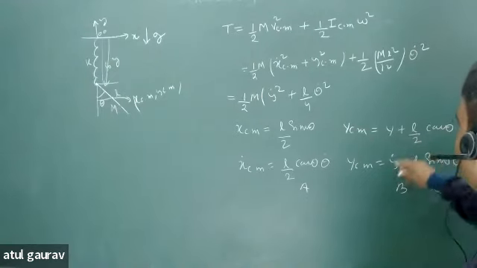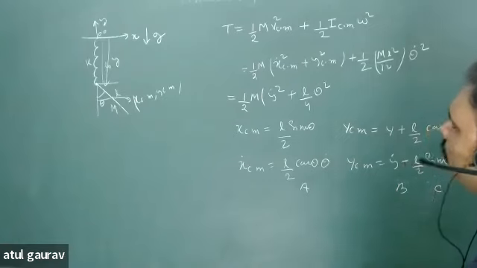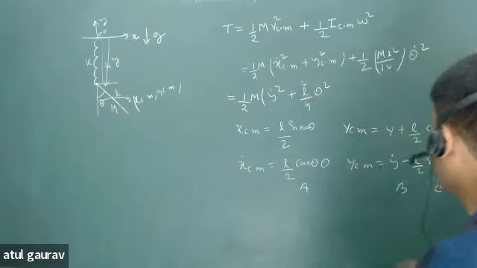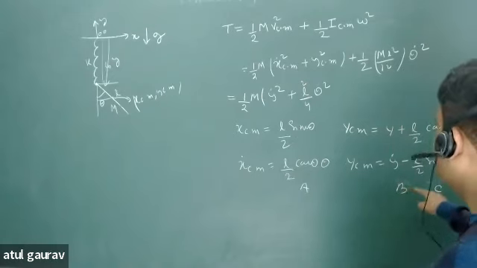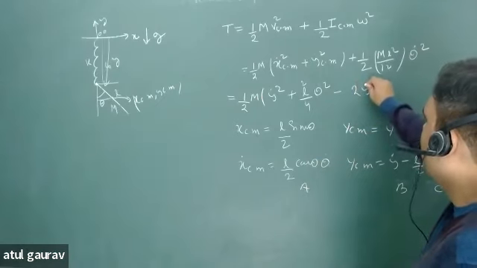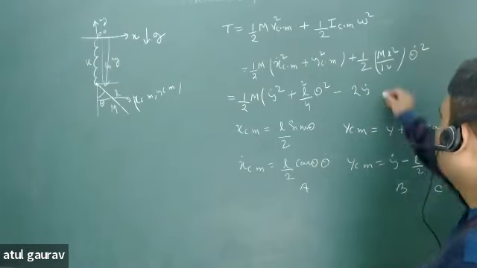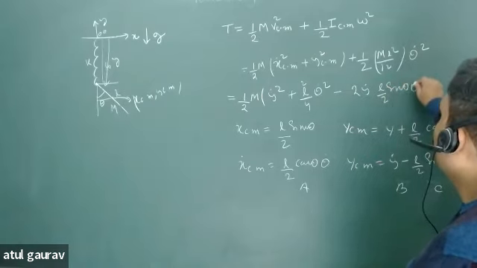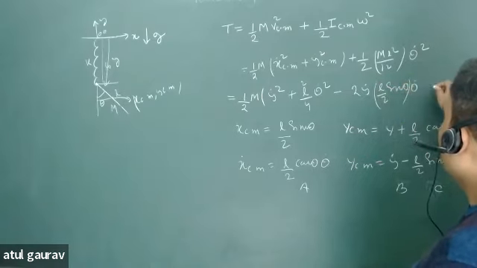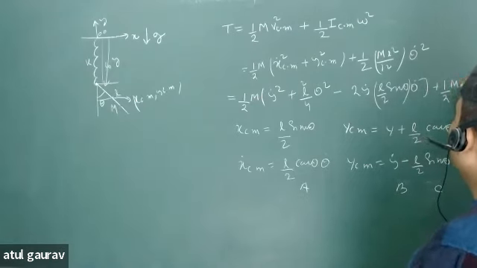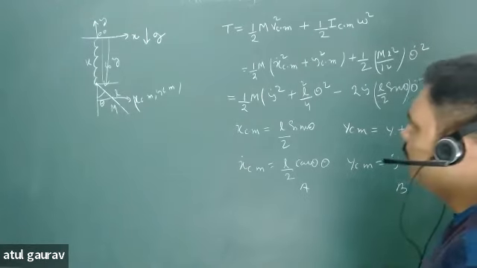And the cross term is also there. Yes, क्या हो गया? L square, sir. हाँ, L square. Okay. And the cross term is there, 2bc with a minus sign. This will be minus 2 y dot L by 2 sine theta theta dot, and plus half ml square by 12 theta dot square.